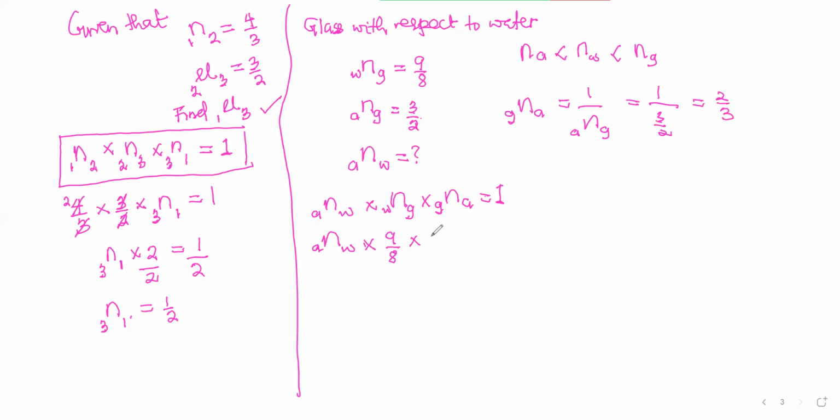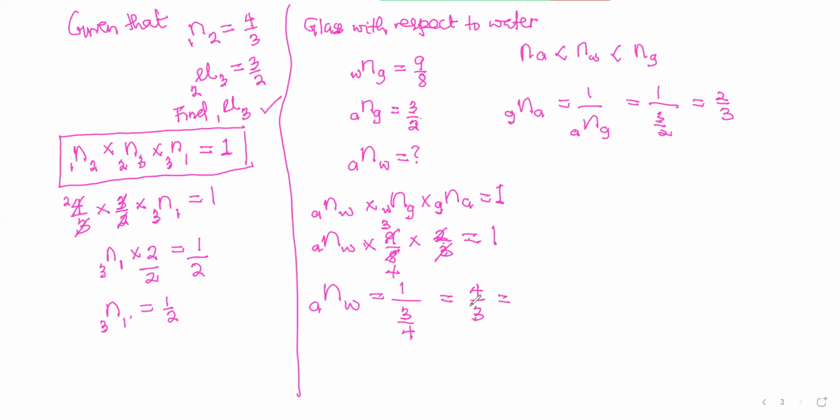So we substitute that here. The product is equal to 1. Therefore, 3 goes into 9, 3. 2 would go into 8, 4. So the refractive index from air to water, or of water with respect to air, will be equal to 1 divided by 3/4, and 1 divided by 3/4 is equal to 4/3.